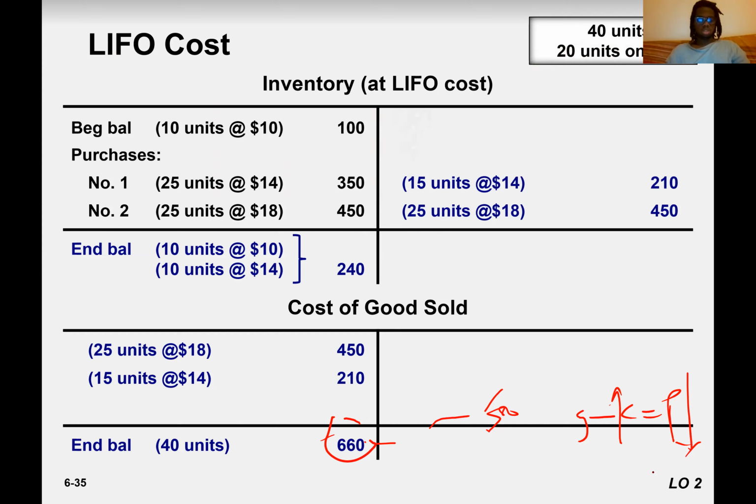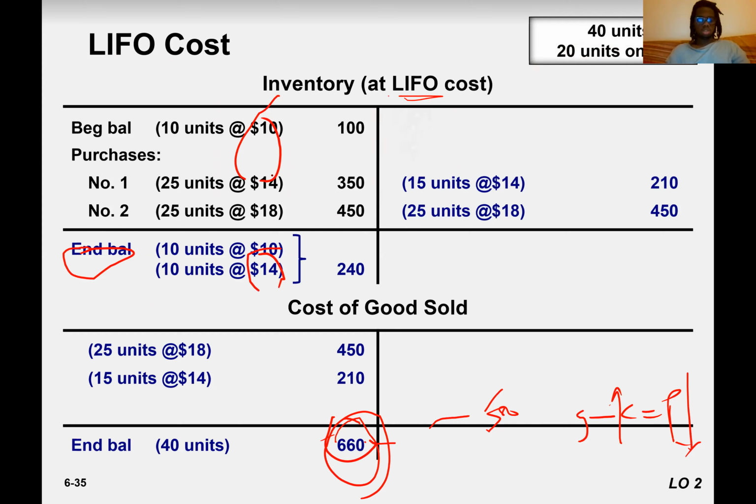Because in LIFO, the cost of goods sold contains the latest prices, right? Latest prices. So in that way, the ending inventory that is on the balance sheet contains older prices. See, older prices.